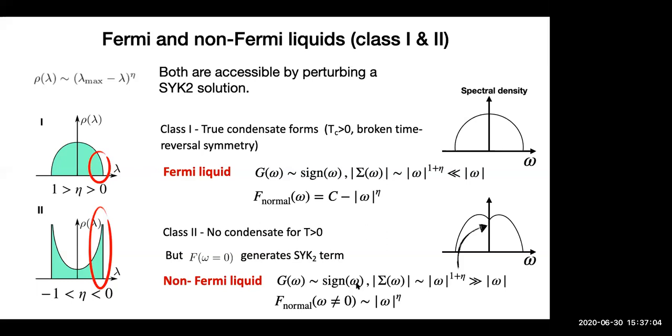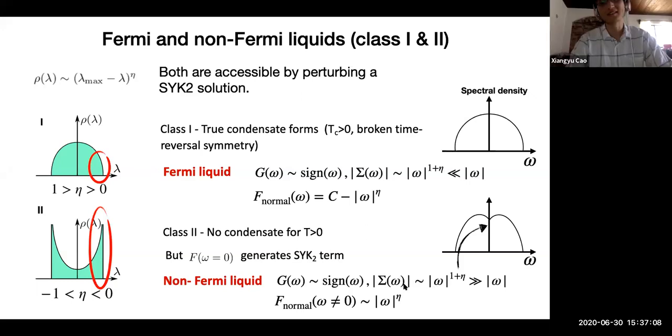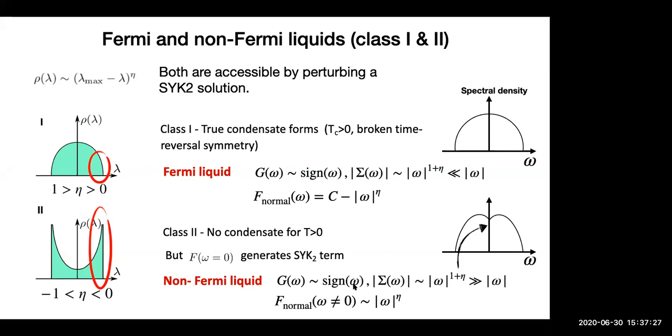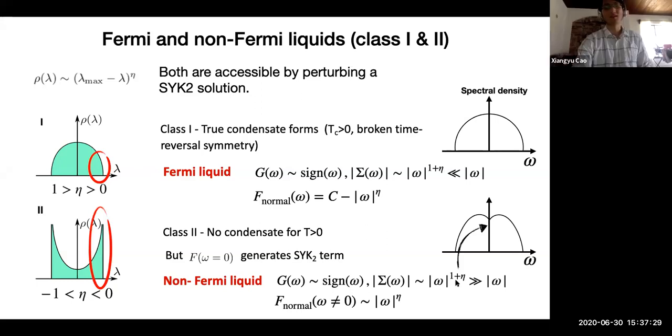So in this sense, you can still do perturbation. This self energy is still small compared to the sign of omega. But there's no quasiparticle. This is a slight misnomer here. Okay, thank you. Yeah, what I mean is sigma omega is omega to this power. That's it.